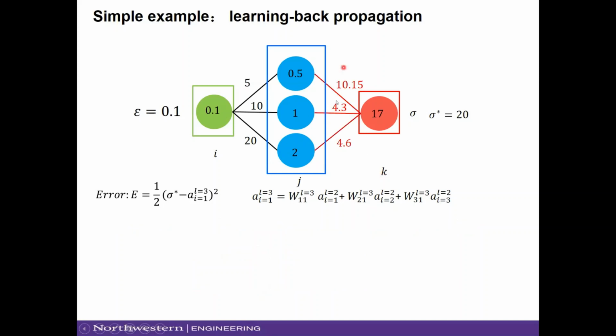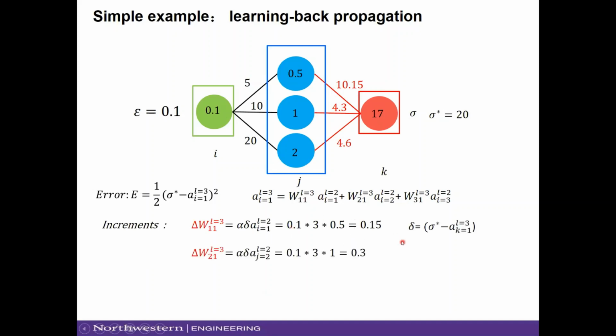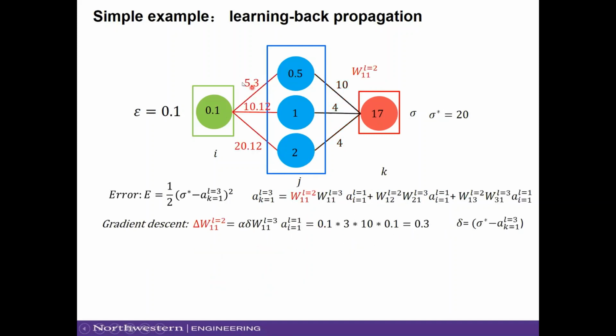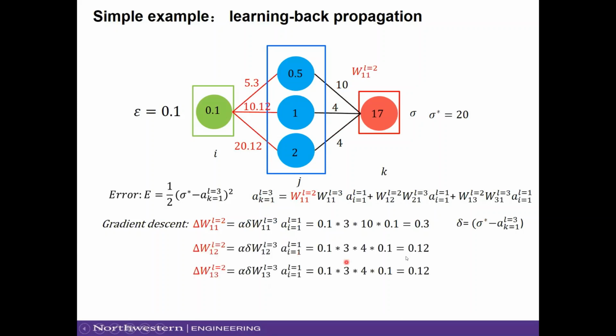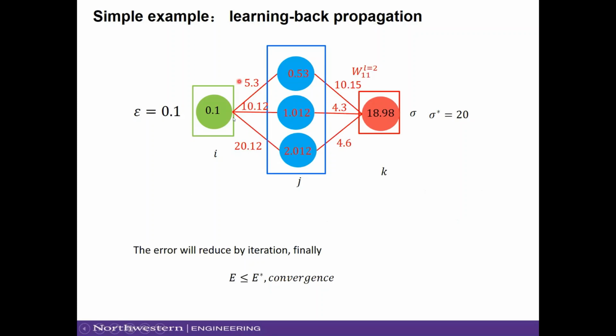Then I will get a completely different new set of weights. Similarly, using the gradient descent method, I can change these values too. Finally, the weight values change and now we have a new set of weights. The strain is still 0.1.